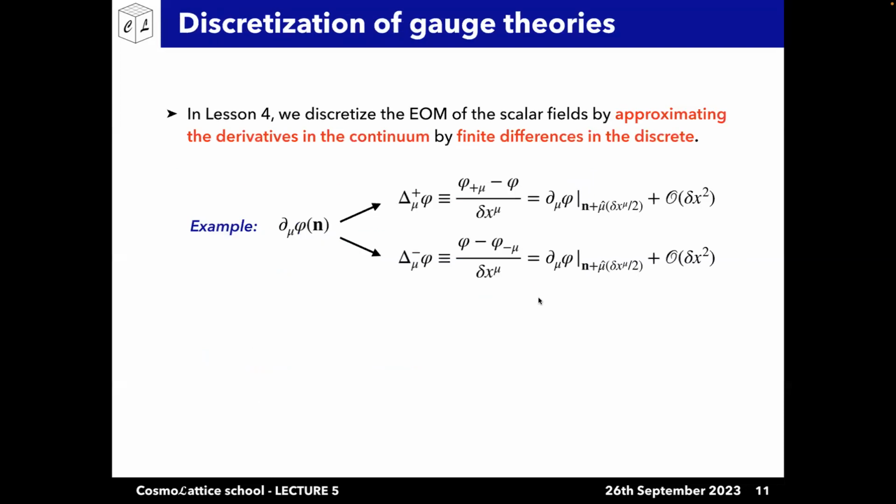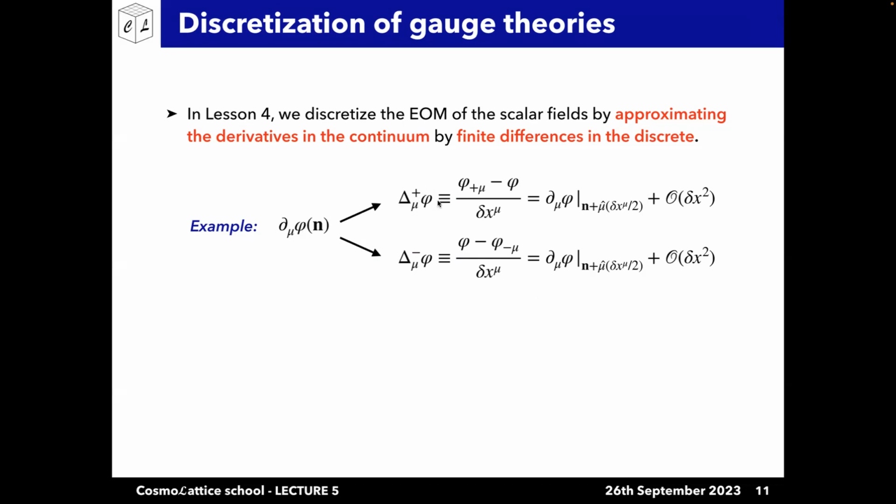So basically, in lecture 4, this morning, what we did was to discretize the equations of motion of the scalar field by approximating the derivatives in the continuum by finite differences in the discrete. So, for example, we had this continuous derivative of phi, and what I did in lesson 1 was to approximate this continuous derivative by this discrete derivative, right?